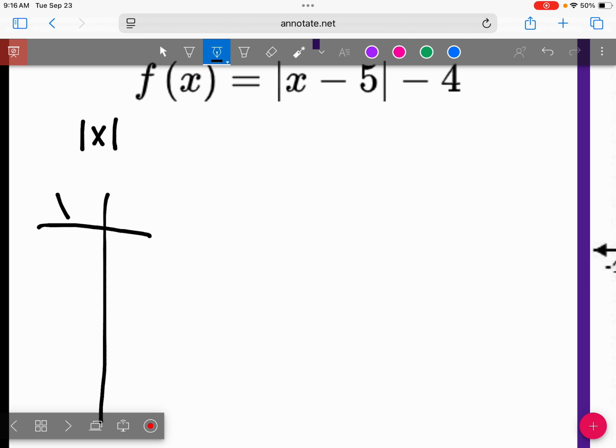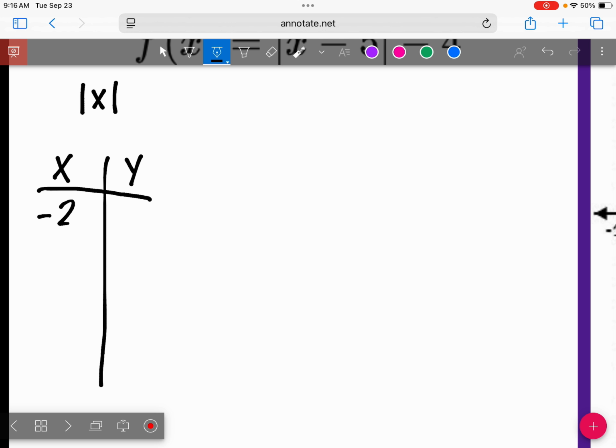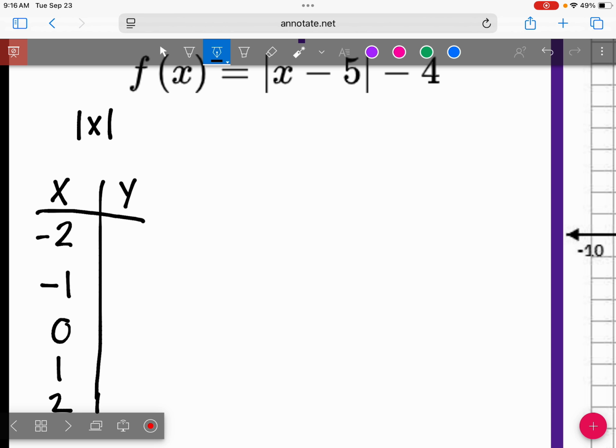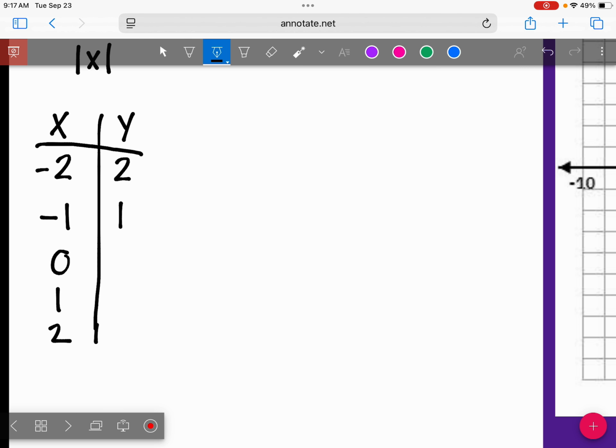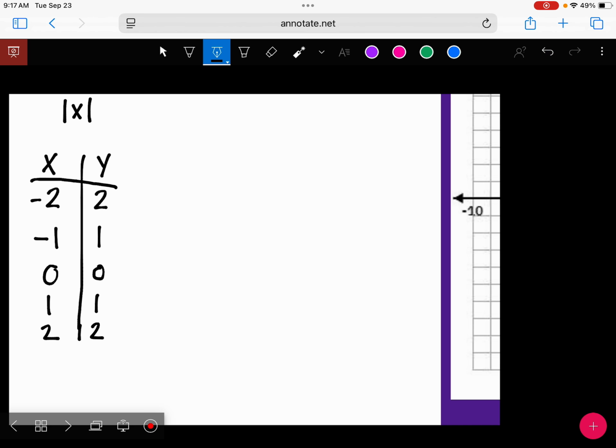So for our parent, when we pick our x's to find our y's, we use -2, -1, 0, 1, and 2. When in doubt, those are good options to pick because they give us a really good view of the center. Even if we forget the parent table for an absolute value, I know the absolute value of -2 is +2, the absolute value of -1 is +1, the absolute value of 0 is 0, and then 1 and 2.